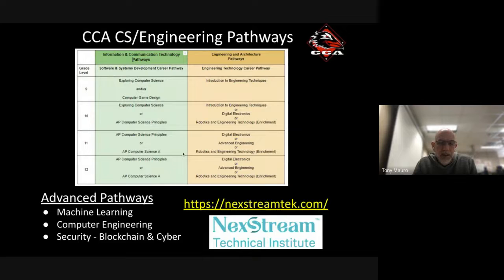These are the pathways. The engineering pathway here is on the right-hand side. We have a computer science pathway. I support both. On the engineering pathway, we have the intro class, and then the DE class is the class that we're talking about right now, digital electronics. We are bringing back robotics next year.